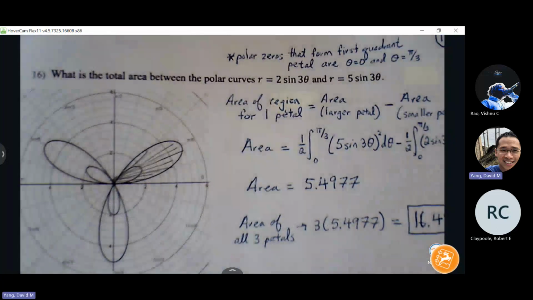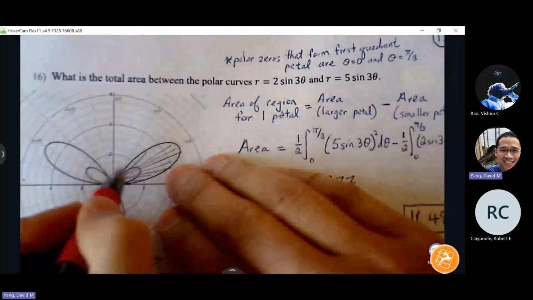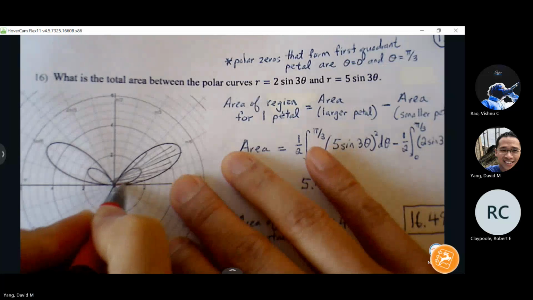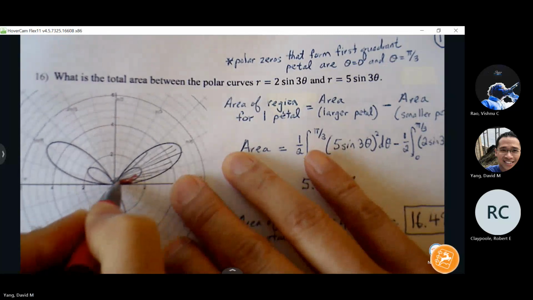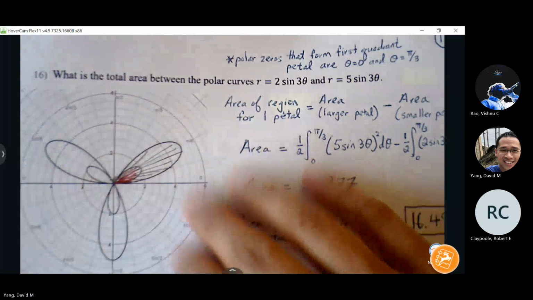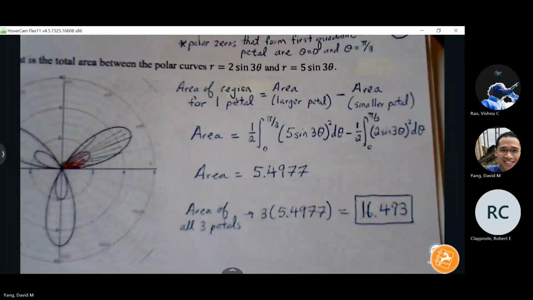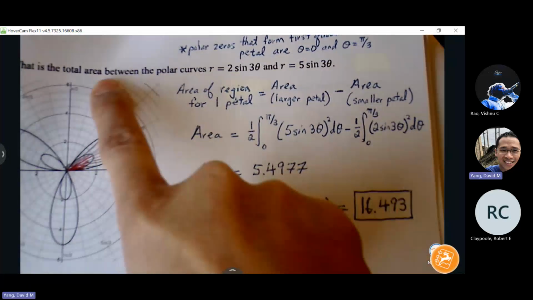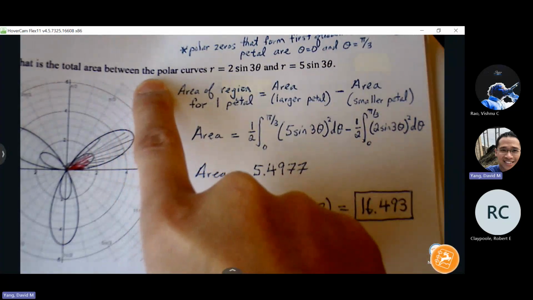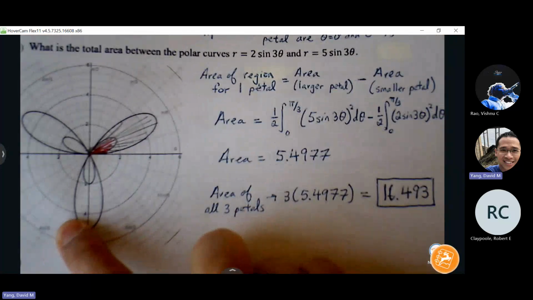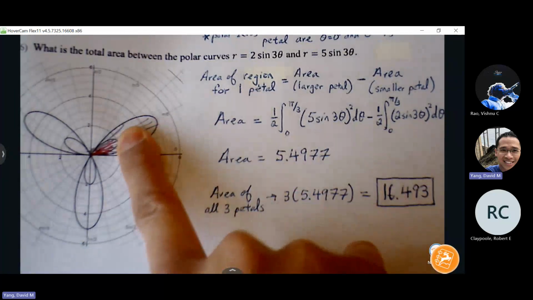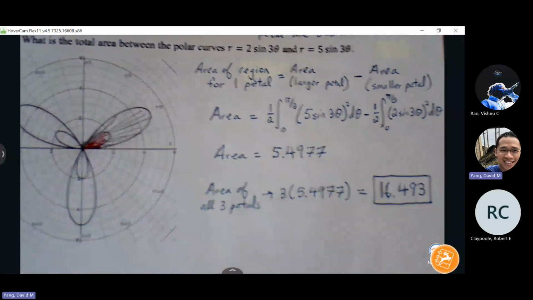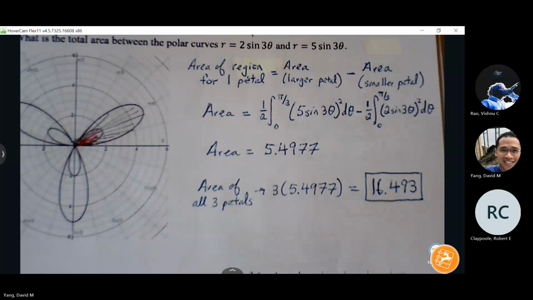And then minus the smaller petal, again from 0 to pi over 3, and what's left is this outer region here. It says find the total area between the polar curves. There are 2 other petals with the same situation, so I can find the area of this, multiply it by 3, and get all the regions that we need.